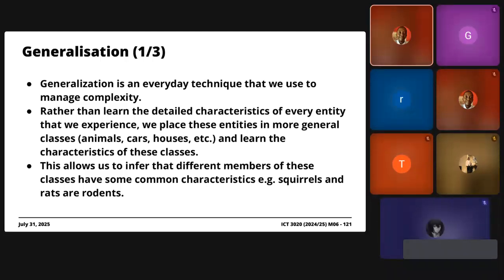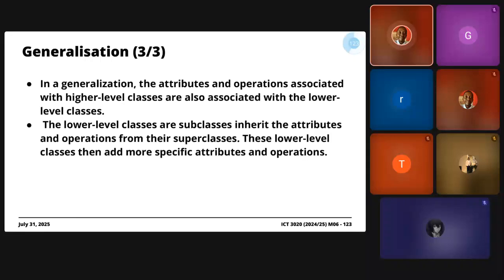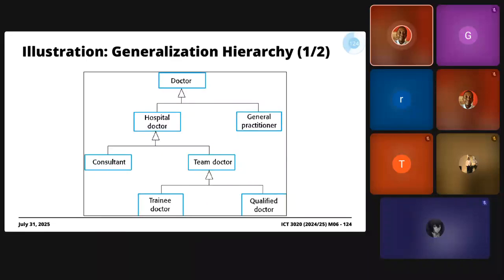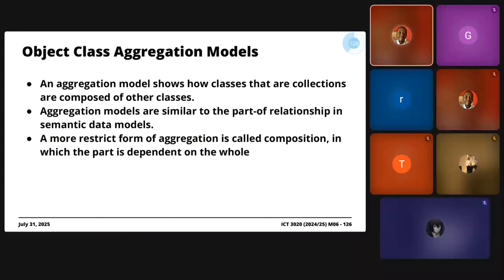Parent-child, superclass, subclass, and all those things, right? We gave an example of exactly how we represent this using the unified modeling language. And it turns out that there are other types of relationships that exist.